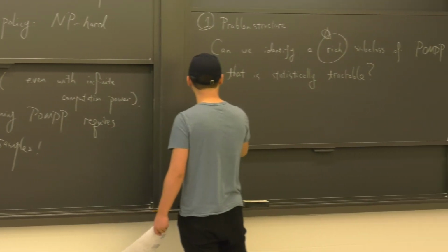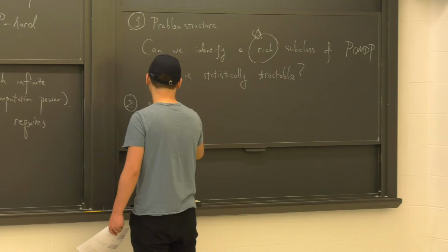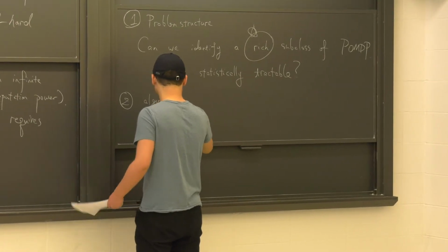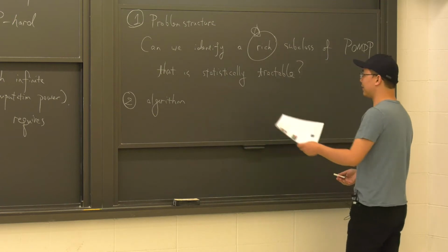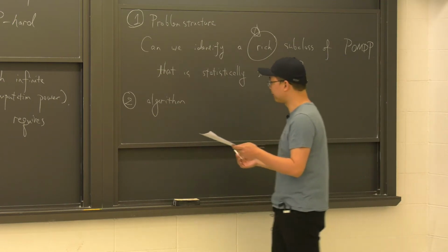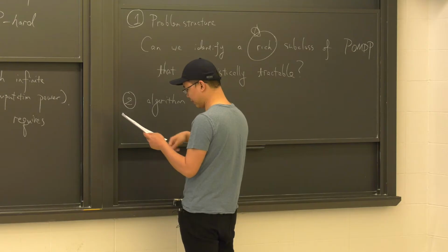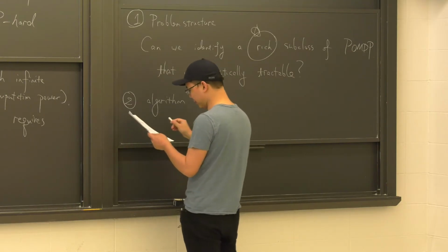And the second question is about the algorithm. Once we identify the subclass of problems that is statistically tractable, of course the next question is that we want to design an algorithm to learn this rich subclass.